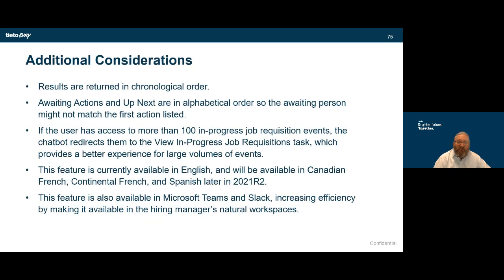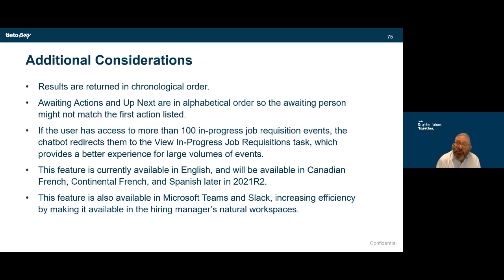Additionally, just note the results are returned in chronological order. But awaiting actions and up next are in alphabetical order, so the awaiting person might not match the first action listed. Also, if the user has more than 100 in progress job recs, the chatbot will tell the user to go and view the in progress job recs task rather than trying to use it inside the Workday Assistant.